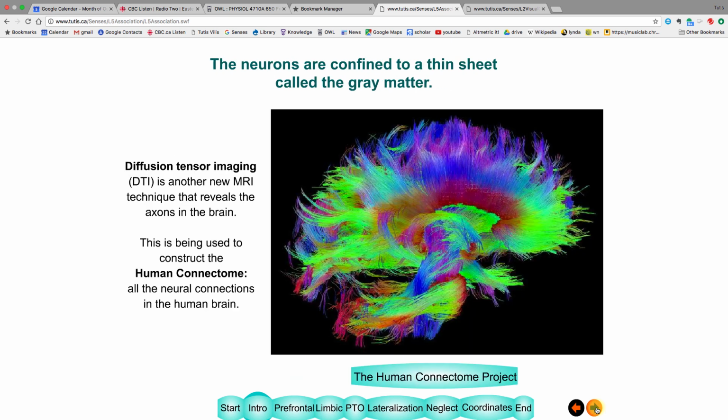And here you see a nice diagram of all these connections in the brain. They're using, again, a form of MRI called diffusion tensor imaging. And so they can image the connections from one part of the brain to another. They can determine what areas connect your fusiform face area to other areas.